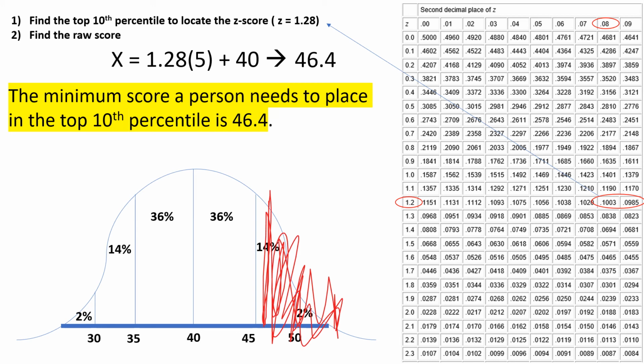The population mean is 40, so it really does make sense that 45 is one standard deviation above the mean, and we know that in between the mean and one standard deviation, 34% of the cases fall underneath that.